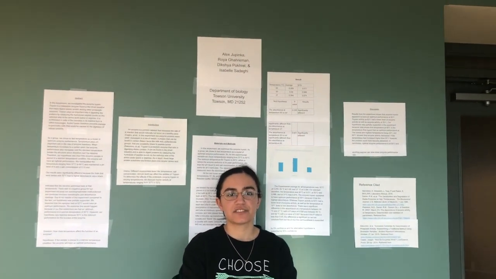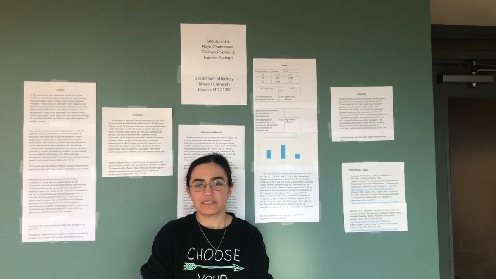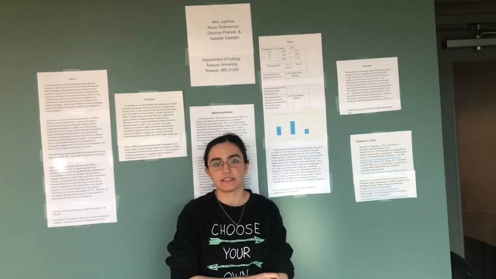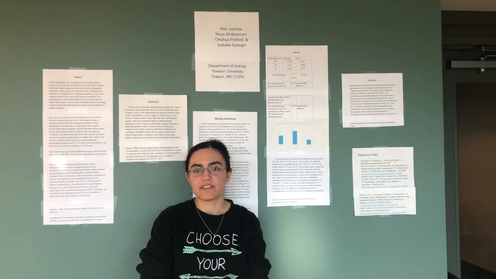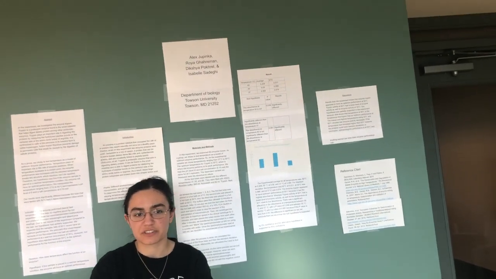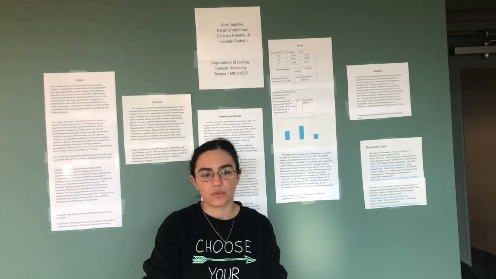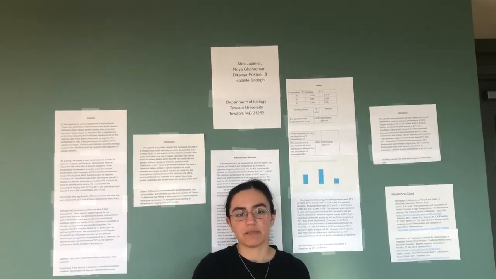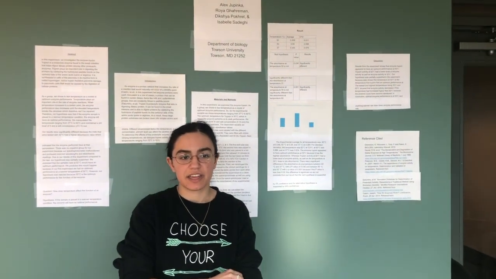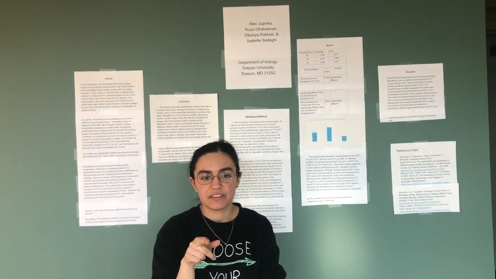Our t-test results showed that the absorbances at 50 degrees Celsius and 37 degrees Celsius, as well as the absorbances at 50 degrees Celsius and 62 degrees Celsius, are significantly different, with a p-value of 0.001, because if the p-value is less than 0.05, the difference is significant.